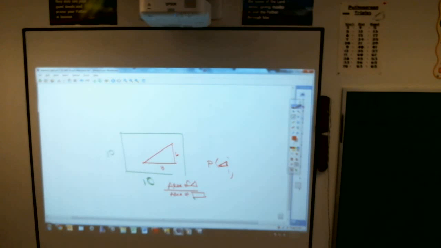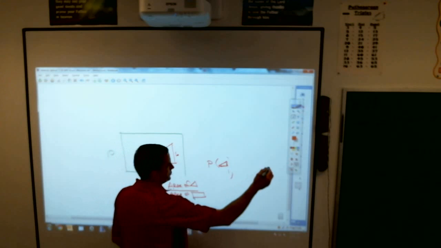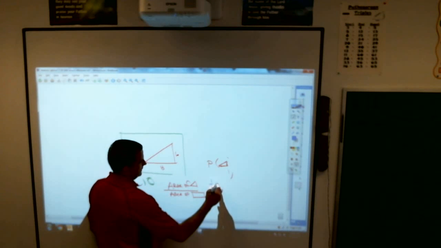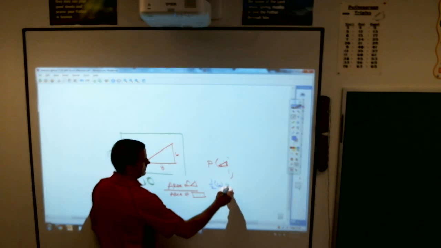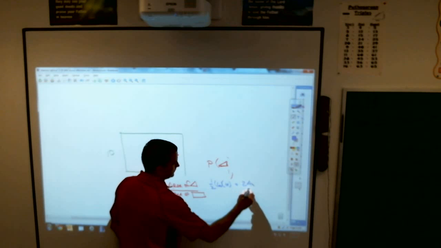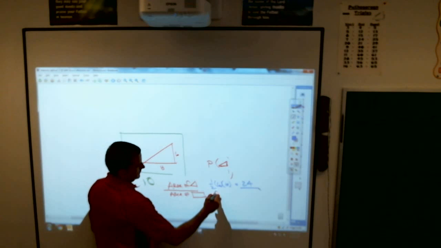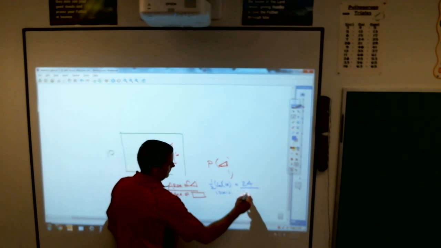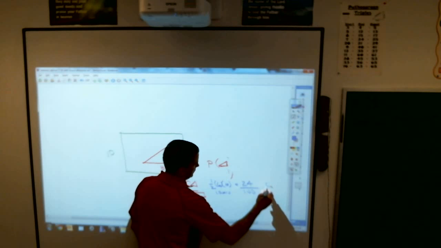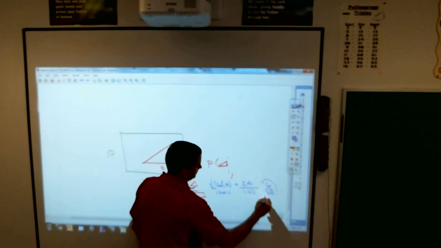And the answer that we come up with is, well, the area of the triangle, if you do 1/2 base times height, half of 48 is 24. The square is 10 times 10, which is 100. If you reduce those, you end up with 6 over 25. 6/25. Probability.